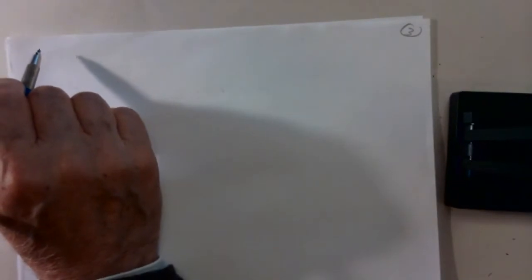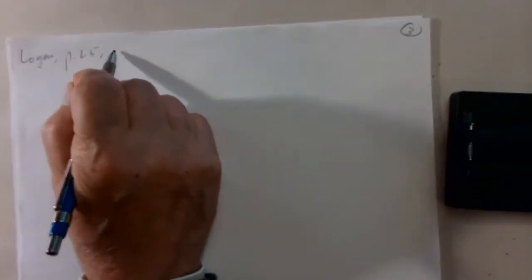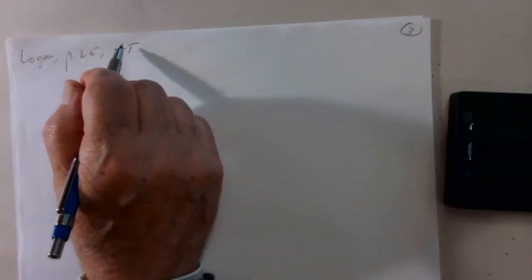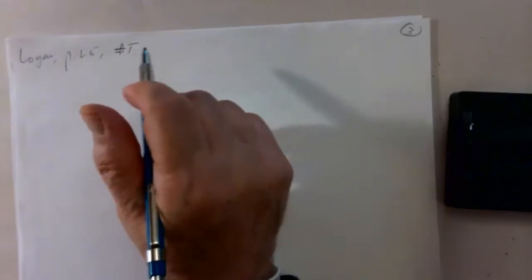So let me start with, this is in the book by Logan, page 25, number 5. This is a pure initial value problem. So x is from minus infinity to plus infinity, and t greater than 0.